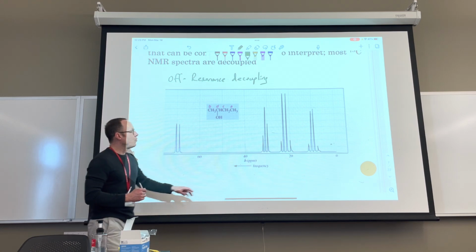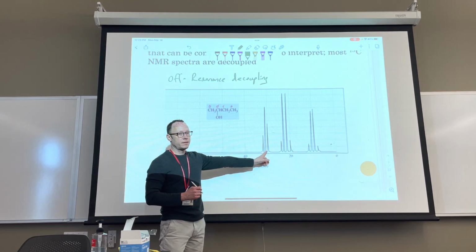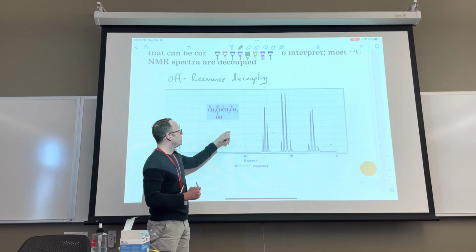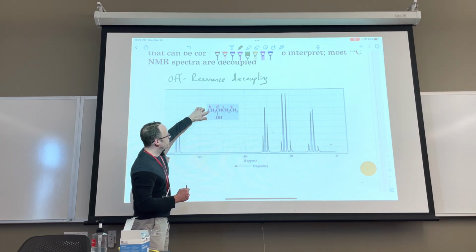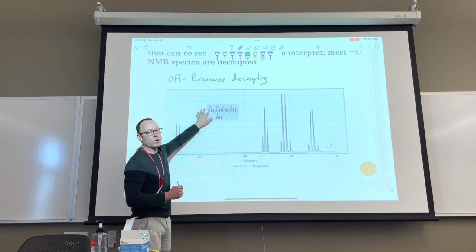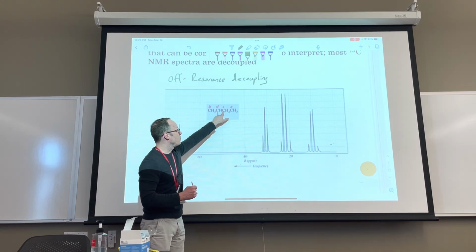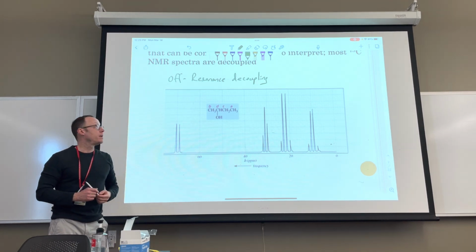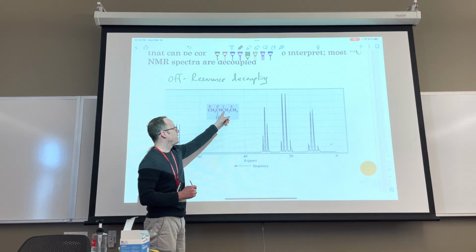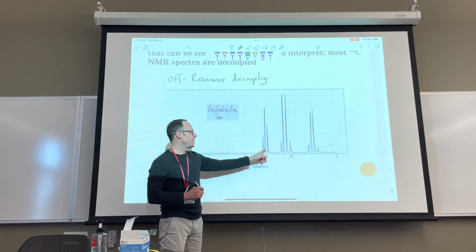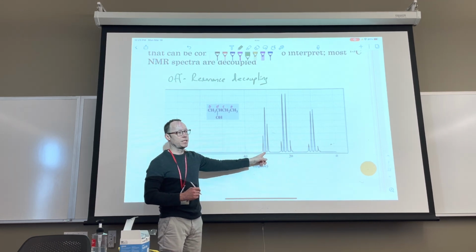So then we can use the splitting to help figure out which one. This one has 3 directly attached protons, so 3 plus 1 is 4. This should appear as a quartet. This one has 2 directly attached protons, so 2 plus 1 is 3. That letter C should appear as a triplet, which this does. So I think it's safe to say that this triplet is letter C.